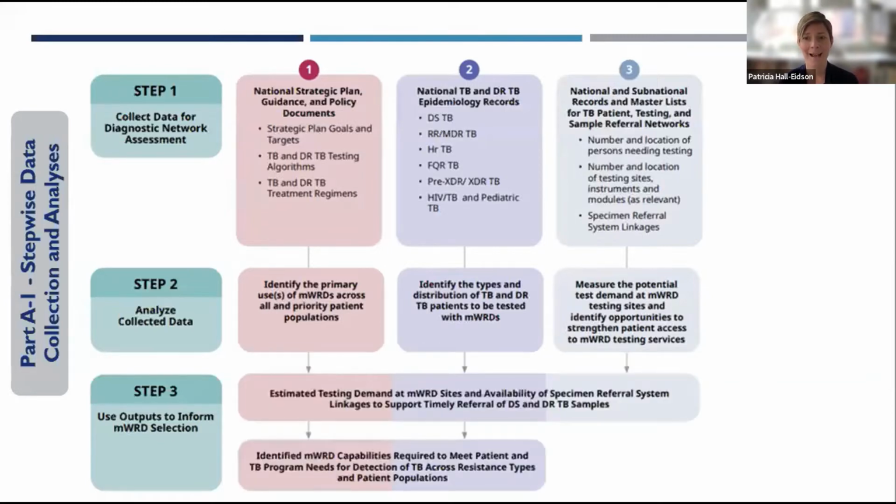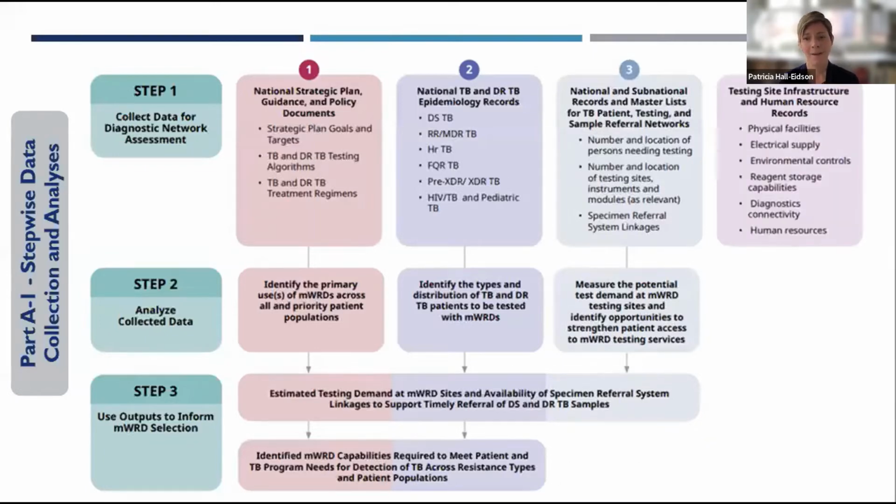These can be used in a diagnostic network analysis to estimate the testing need, the demand at the mWRD testing sites, and the availability of specimen referral systems to ensure patient access to both drug-sensitive and drug-resistant testing services. This analysis can also be reviewed against the identified mWRD capabilities throughout the patient activities in the second data set, as well as the national strategic priorities, in order to make sure that the identified mWRDs meet both programmatic and patient demands as the final output here.